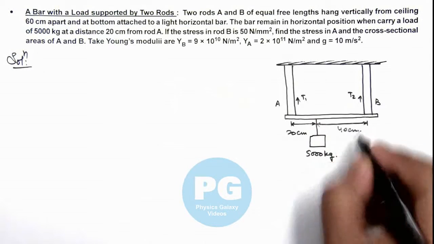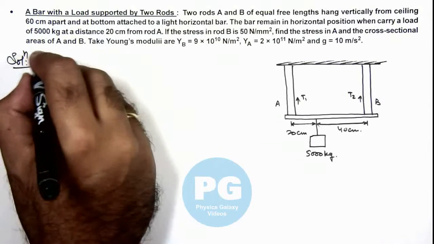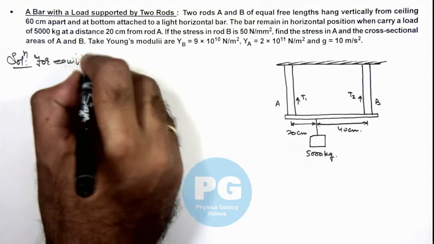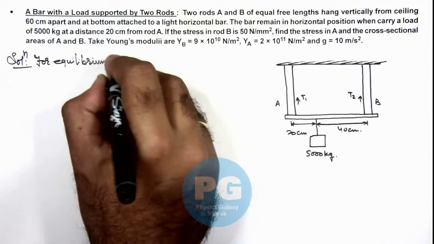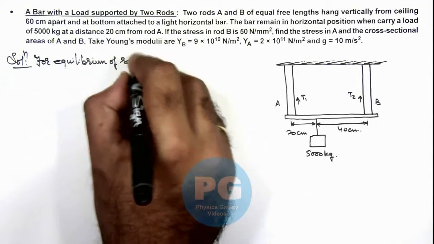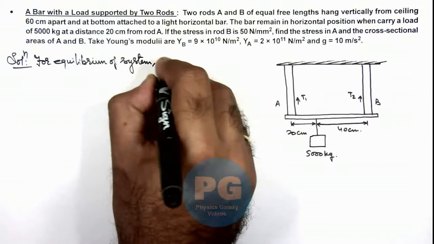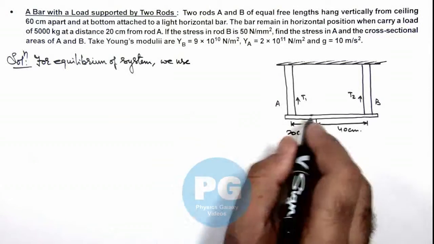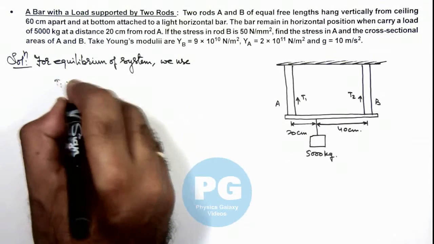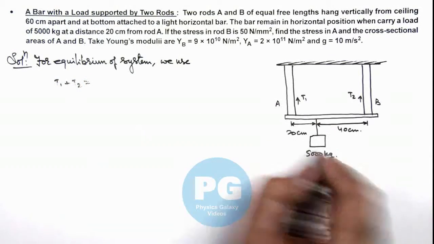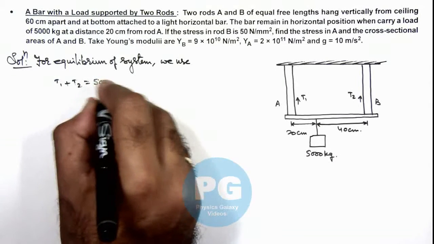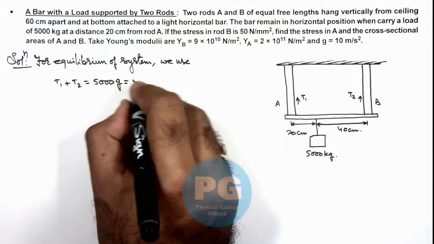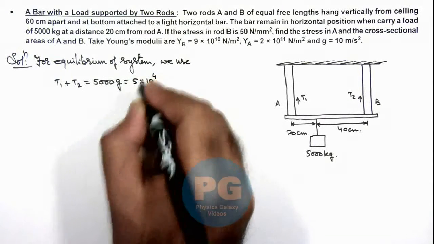Now in this situation we can write for equilibrium of system. One thing is T1 plus T2 should be equal to the weight of this block, which is 5000 g, that can be written as 5 into 10 to power 4 Newton.